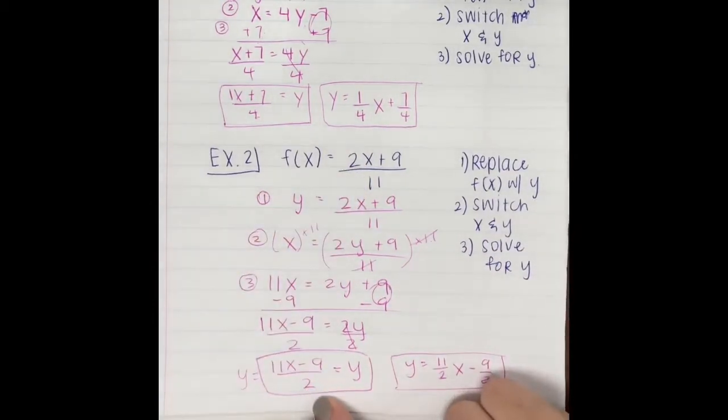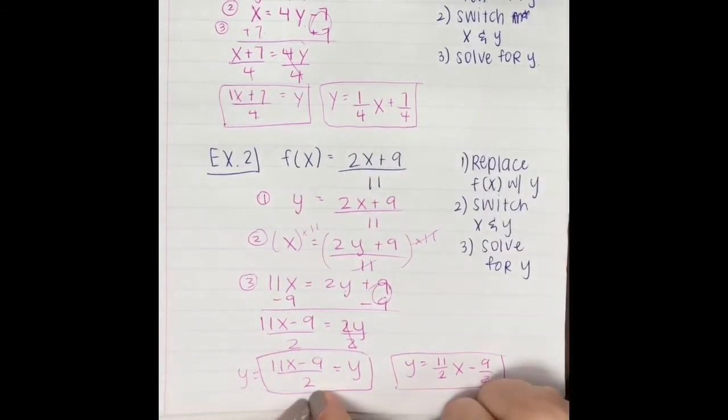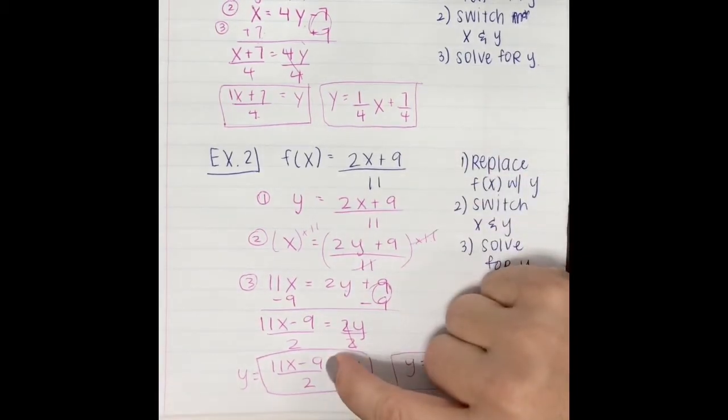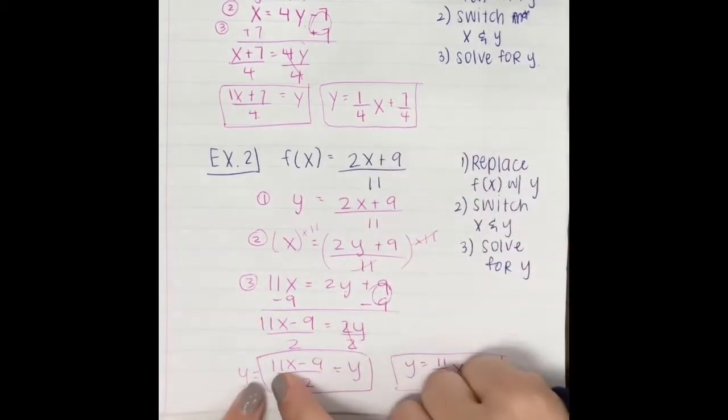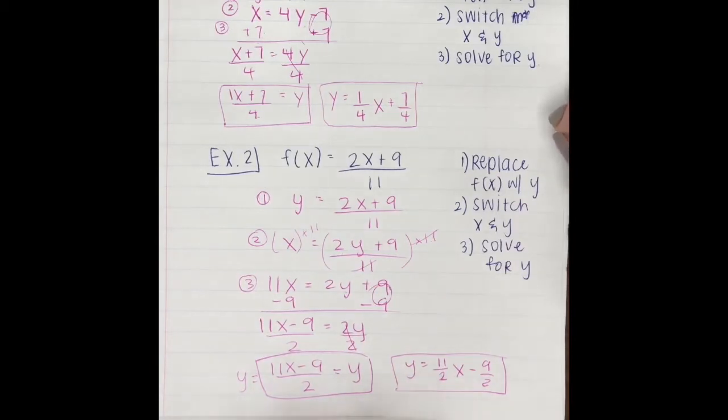So now down here, we're dividing by 2, right? So start off multiplying by 2, now we're dividing by 2. We started off adding 9, now we're subtracting 9. We started out dividing by 11, now we're multiplying by 11. So if you can remember that they're opposites, that will help you to kind of double check your answer, okay?